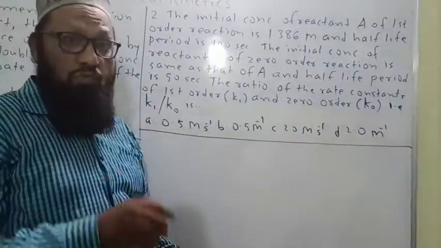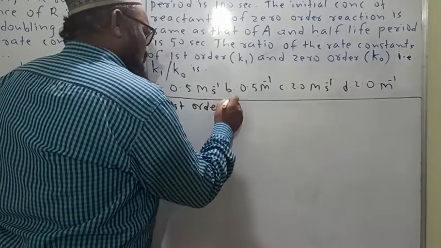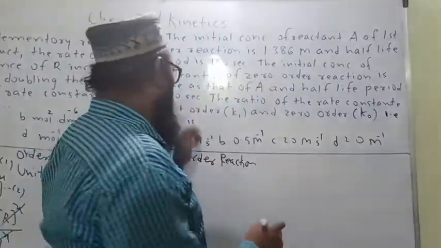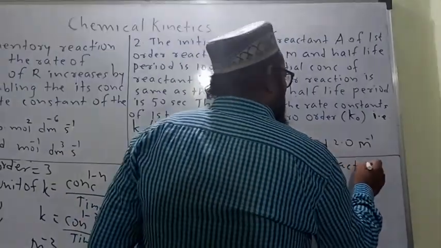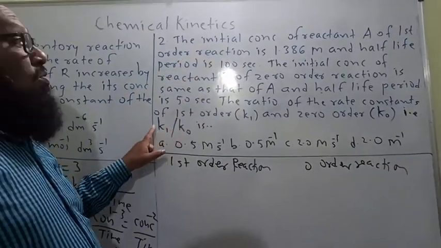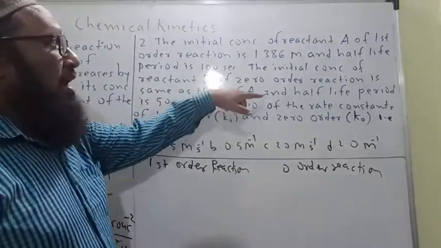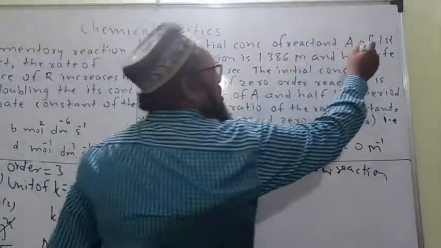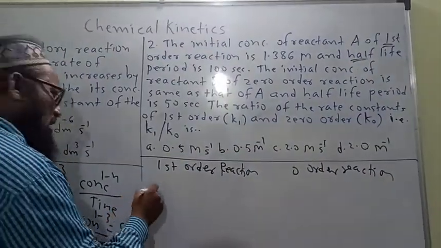Now look here, there are two parts. First is the first order reaction, and the second one is the zero order reaction. Here reactant A is there. What is the relationship between half-life period and rate constant of a first order reaction?